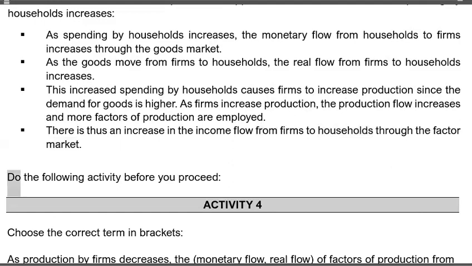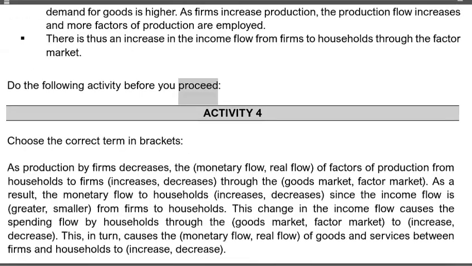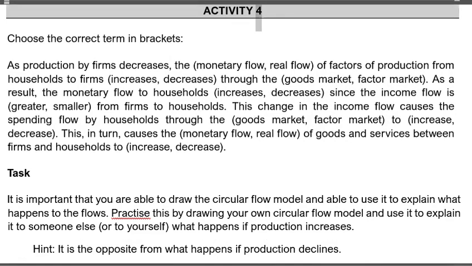Do the following activity before you proceed. Activity 4. Choose the correct term in brackets. As production by firms decreases, the monetary flow, real flow, of factors of production from households to firms decreases, through the goods market, factor market.